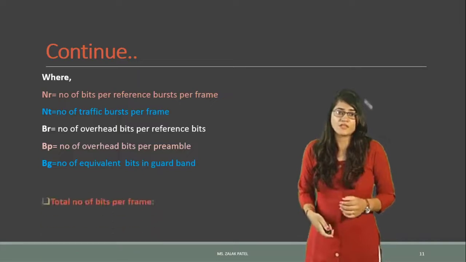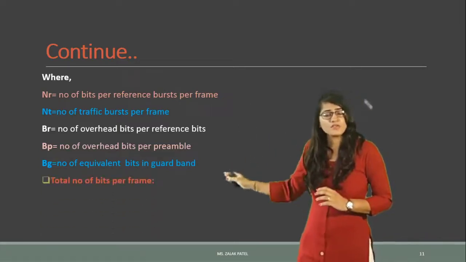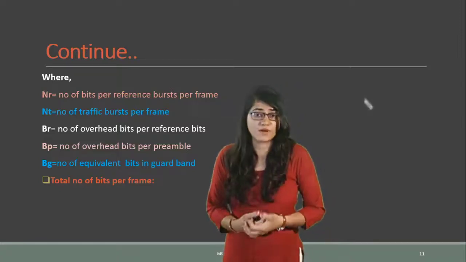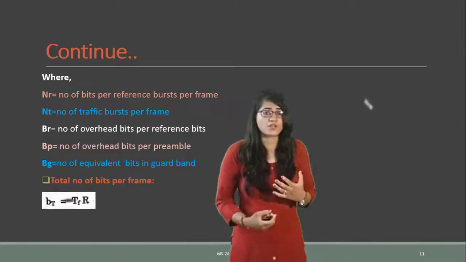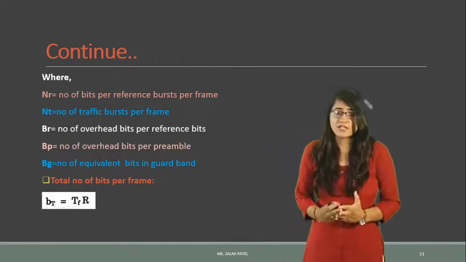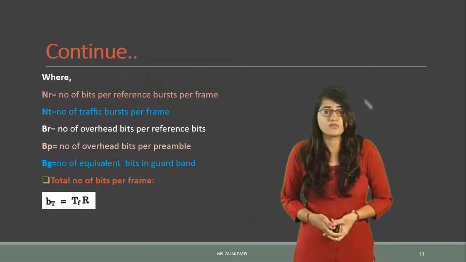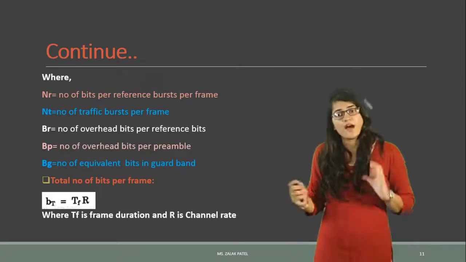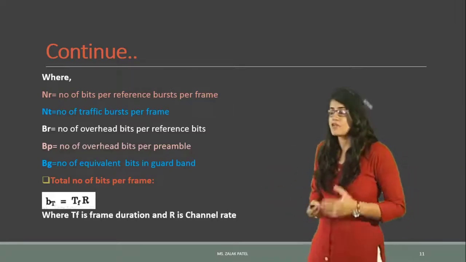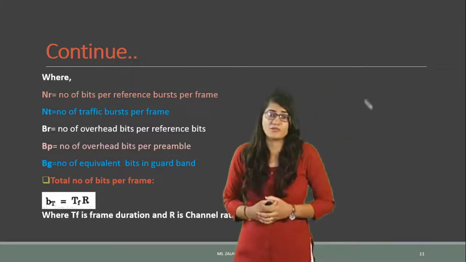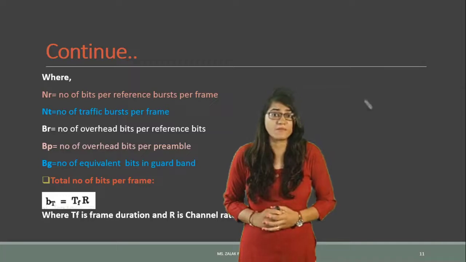Now, by using all these terms, one can calculate the total number of bits per frame. The total bits, Bt, is equal to Tf into R, where Tf is the frame duration and R is the channel rate. We can also calculate the channel rate by dividing by the time period.